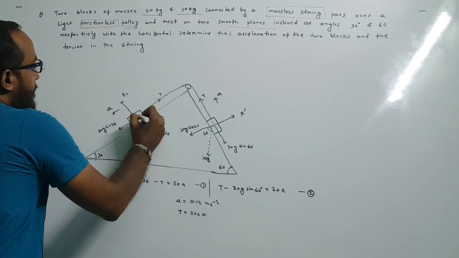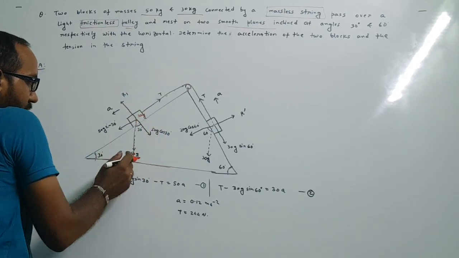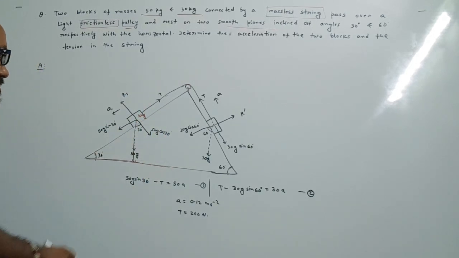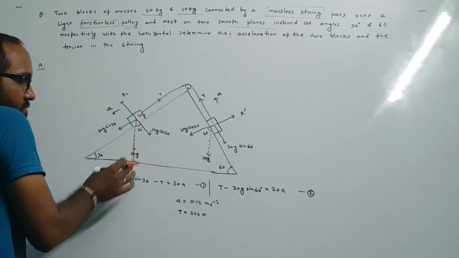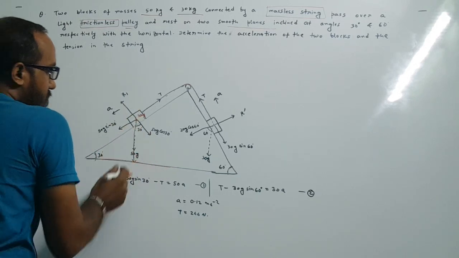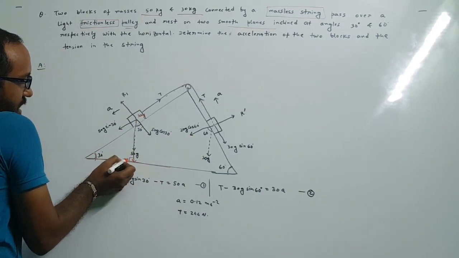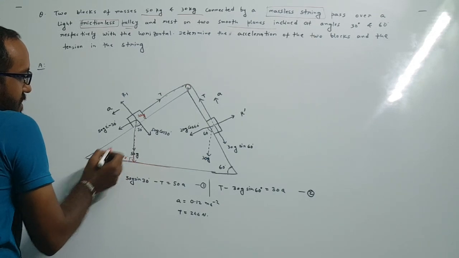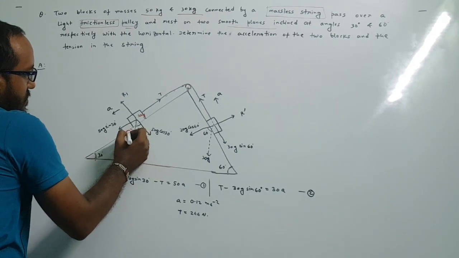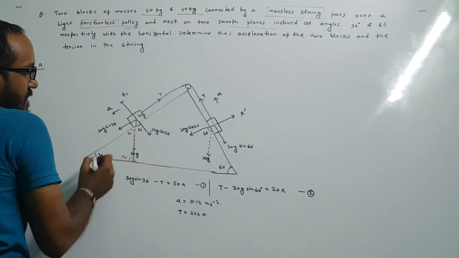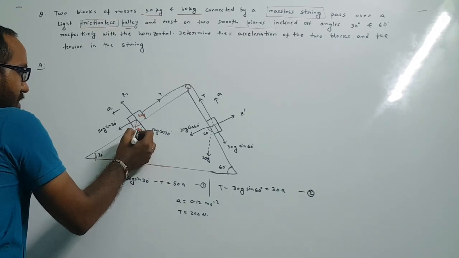Let us say this is 50 kg, so the weight will be 50 g, the force towards the horizontal. Now this is 30 degrees, this angle is 90 degrees, so 90 plus 30 gives 60 degrees, and this angle would be 30 degrees.